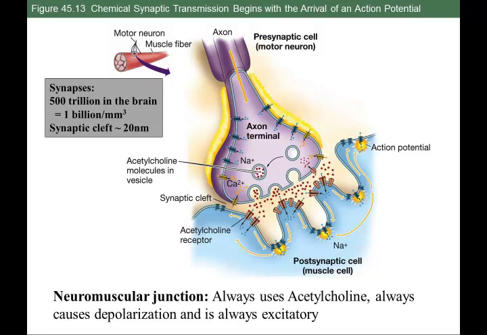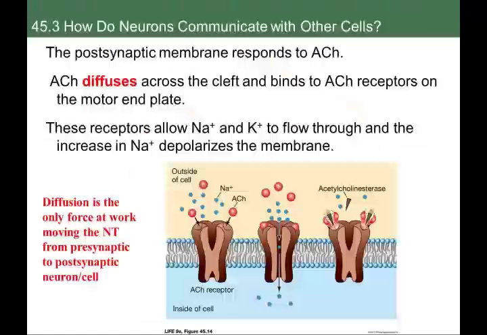Anyway, we'll just leave it at depol. Okay, because sodium is going to rush into the cell and it's going to cause the resting membrane potential to become less negative. That is the definition of depolarization, and that is always excitatory. So in this case, excitatory means we get the muscle cell to flinch. And we'll talk more about muscle physiology in a few chapters.